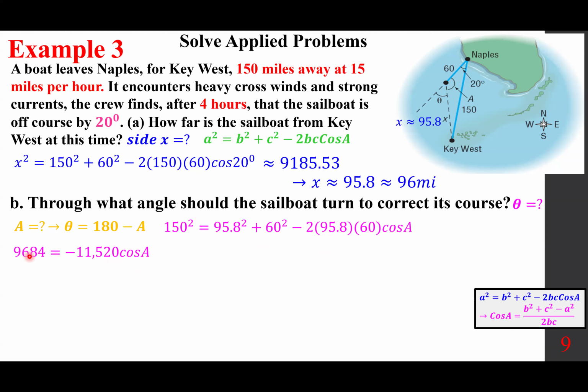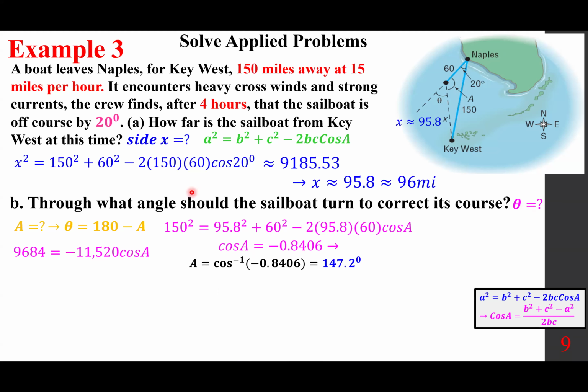number 9,684 divided by negative 11,520, and cosine A becomes negative 0.8406. So what is A? Cosine inverse of this number. And that's 147.2 degrees from a calculator. What did we want? Theta.